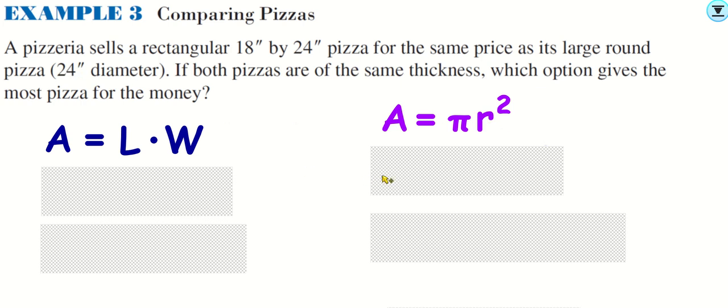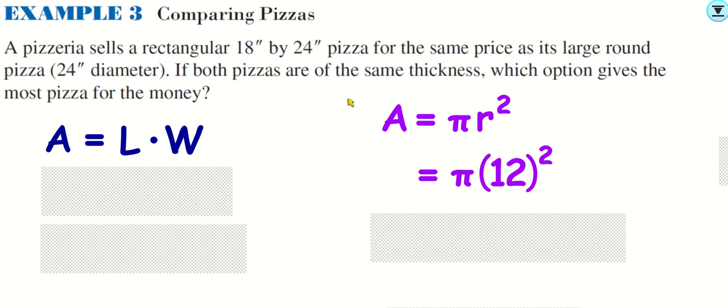The 24 inches is the diameter. Remember, radius is half the diameter, so that's pi times 12 squared. Keep in mind, pi is just a number. It's an irrational number, but it's just a number. It's approximately 3.14.